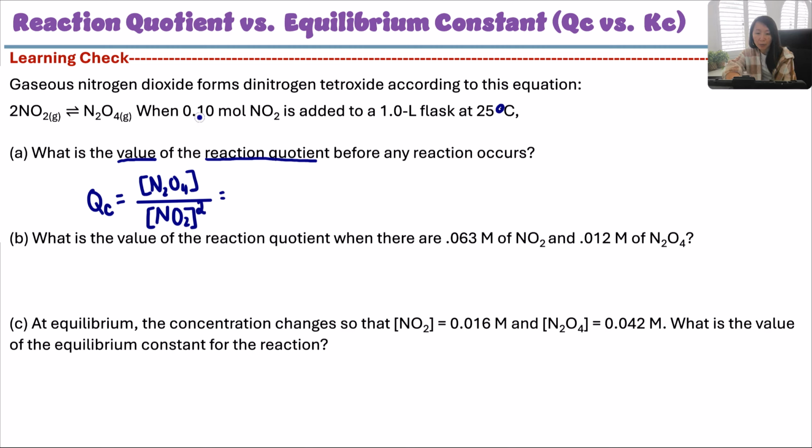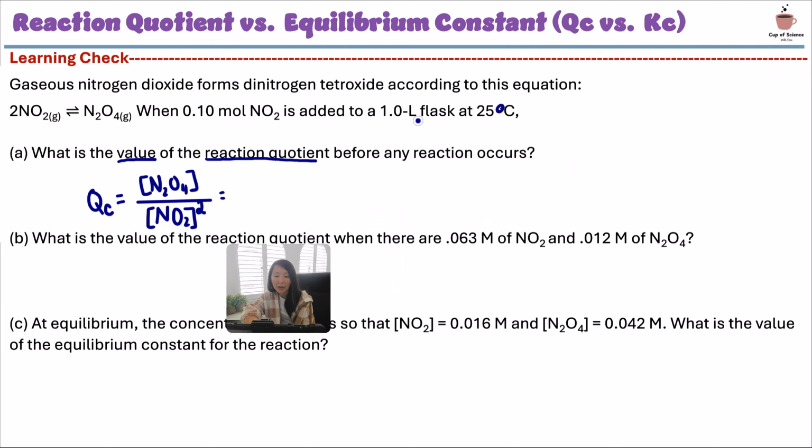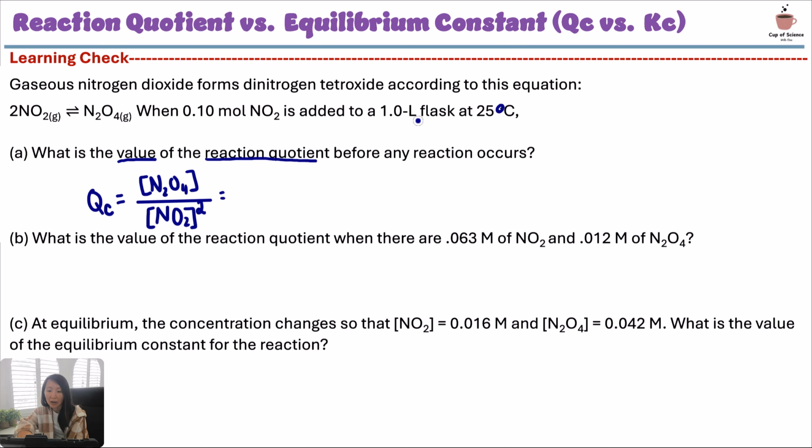So it's 0.10 moles of NO2 in a 1 liter flask. So for molarity of NO2, we need to calculate moles over liter. And so therefore you have 0.10 moles over 1.0 liter.